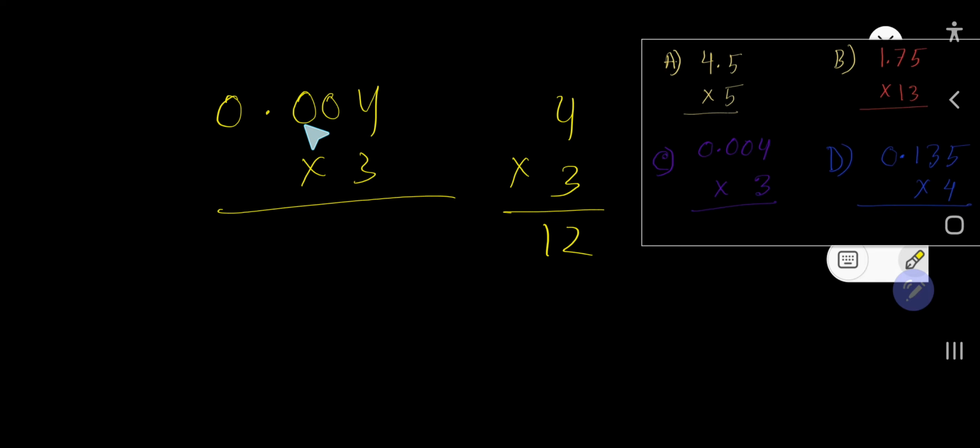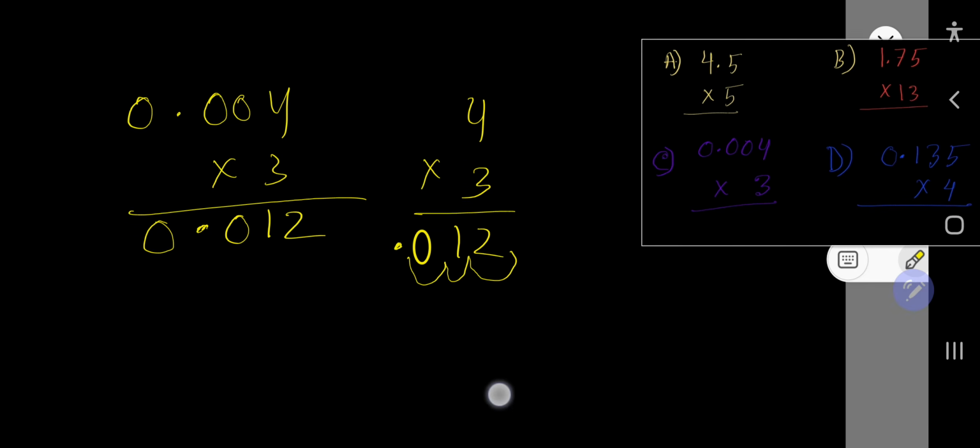After the decimal we have 1 digit, 2 digit, 3 digit, so you need to consider 0 if you don't have any digit, so you need to place the decimal here. After the decimal we have 3 digits, and so this is the result, right? That is decimal 0, 1, 2. Before the decimal you can also place 0, and this is the answer.